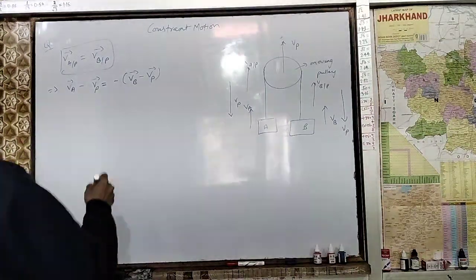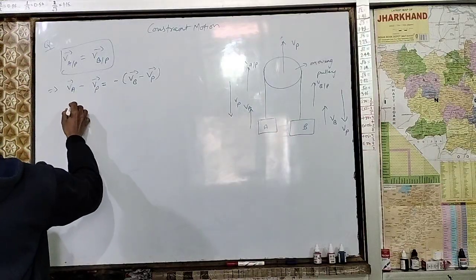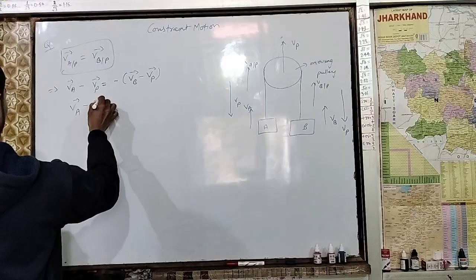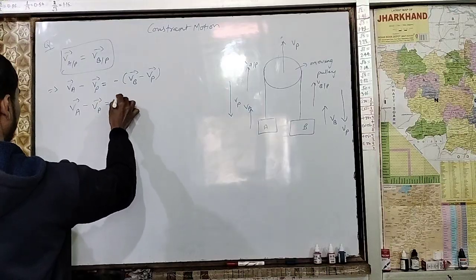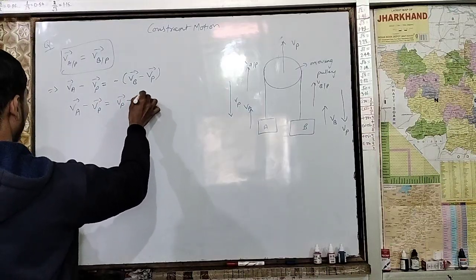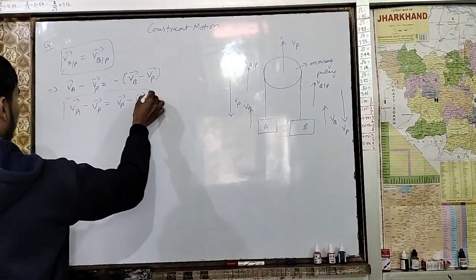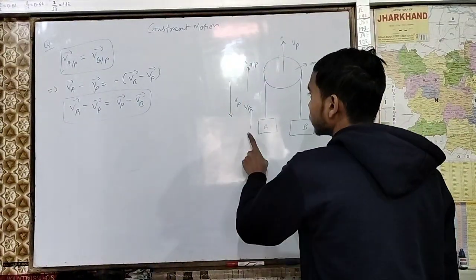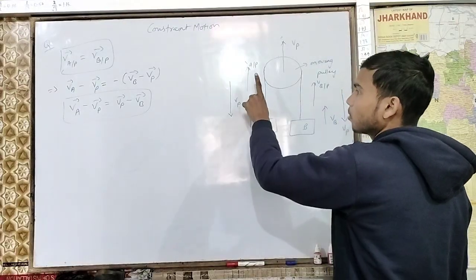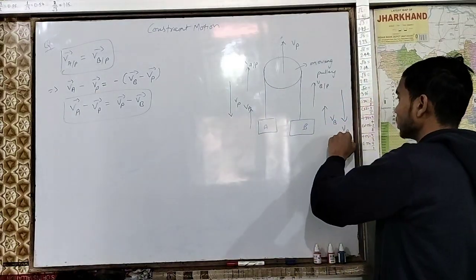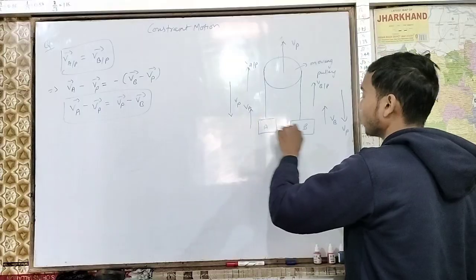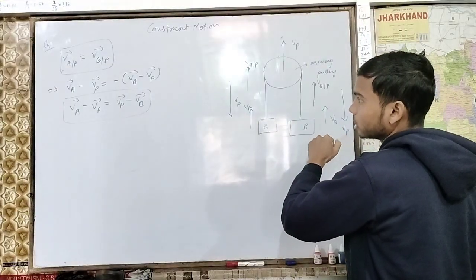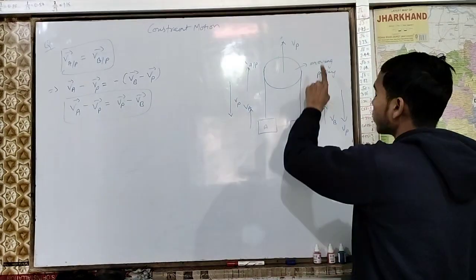Now both can be written as velocity of A minus velocity of P is equal to velocity of P minus velocity of B. This equation you will get. Just to see, velocity of A block is upward minus velocity of B is downward, is equal to velocity of P is downward and velocity of P is upward.